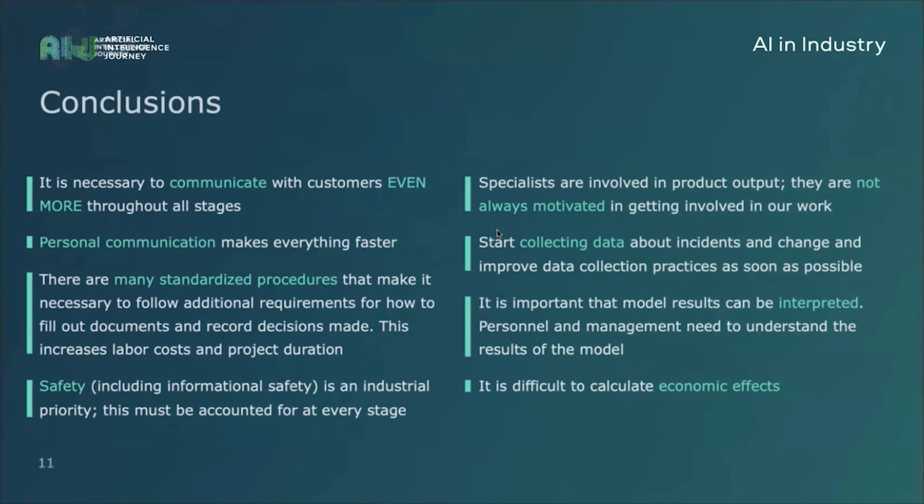We need to communicate as much as possible, because through communication we can learn and share a lot of significant information. And apart from that, personal communication and interaction is critical. In the pandemic, this personal communication enabled us to speed up processes and simplify certain procedures.